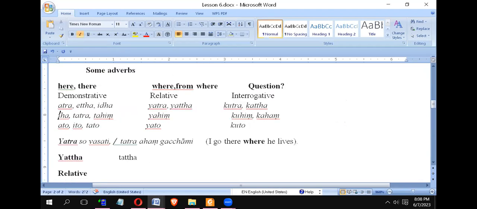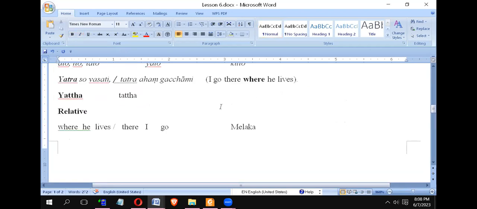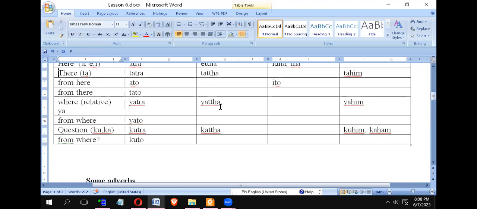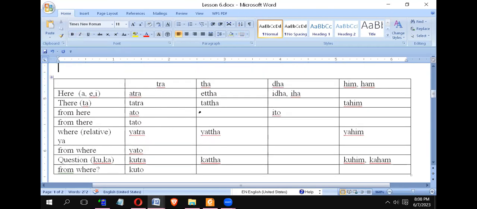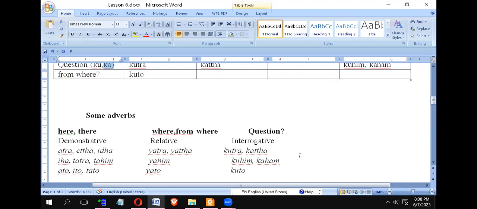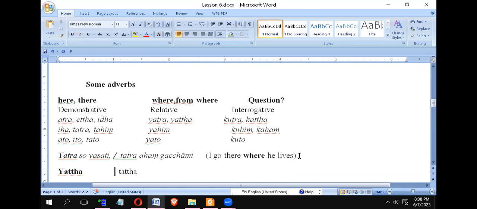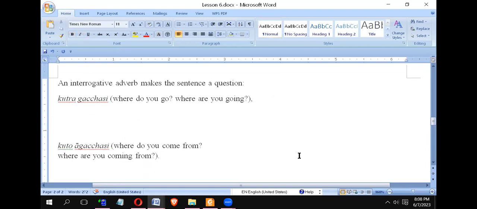Remember I already mentioned just now, if you're going to draw a chart like me, when I study this one, I draw a chart like this by myself. Anything that starts with KU is a question, right? Kutra, kuta, kuhim, kaham. So this is a question, so it's interrogative. It's very difficult to write in English. Just put a question mark, all right? Where is it? Where?